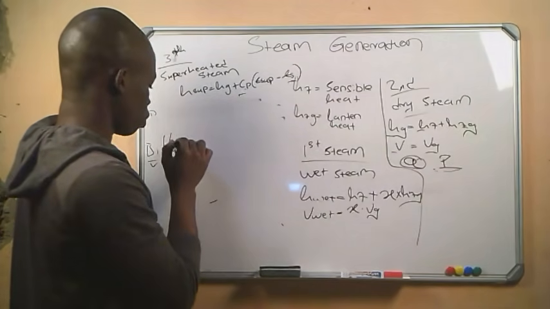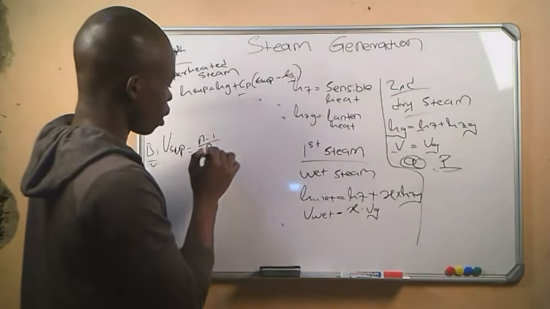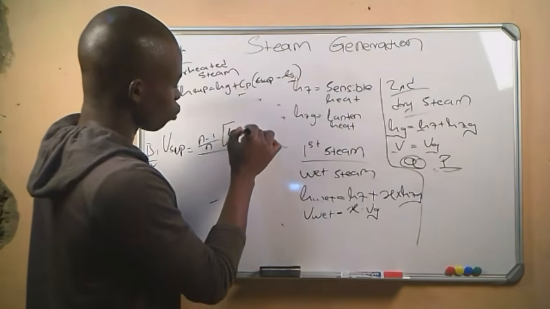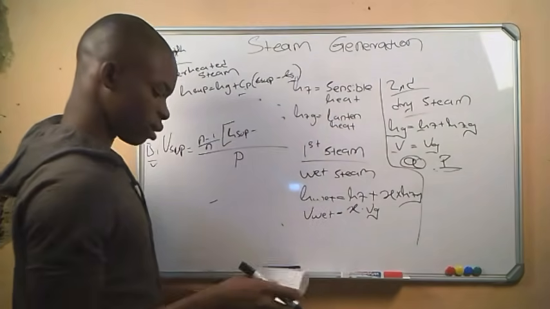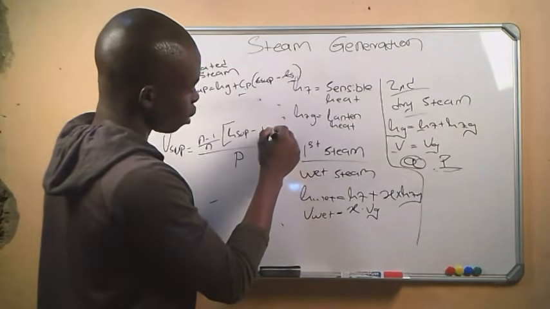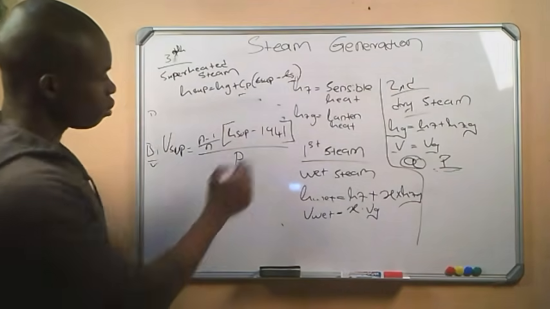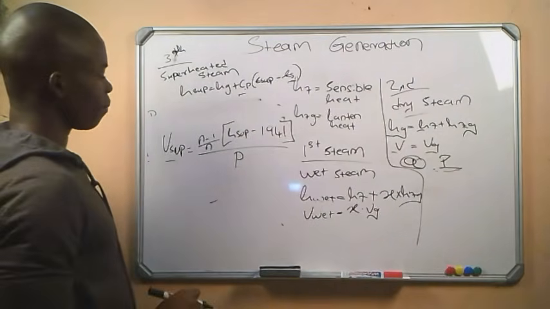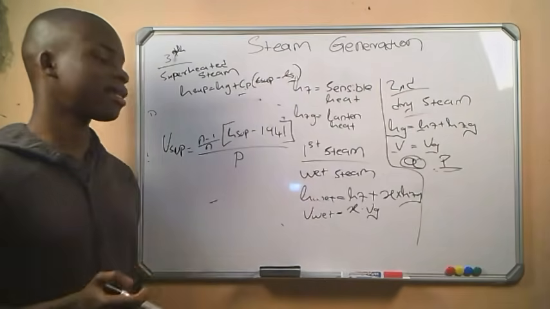H sup is equal to (n minus 1) divided by n, times P, times V sup minus 1941, and that's the formula for the pressure of a superheated steam.